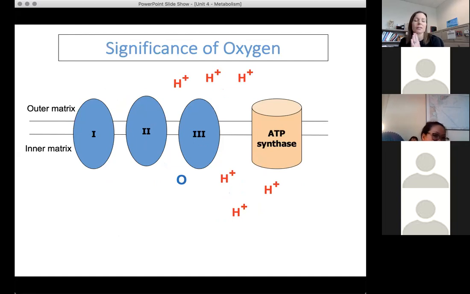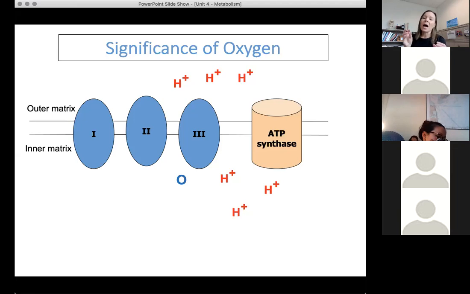Okay, here's the significance of oxygen. There always has to be oxygen in the mitochondria. And after hydrogen ions have moved back in, allowing ATP to be made, the hydrogen ions and the electrons have been passed along. They are attached to oxygen.